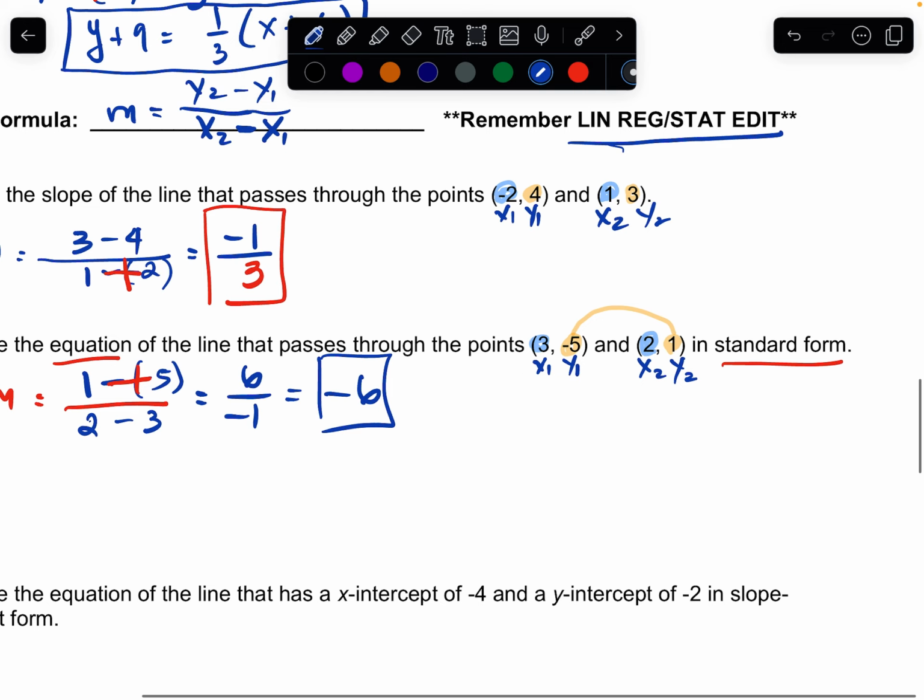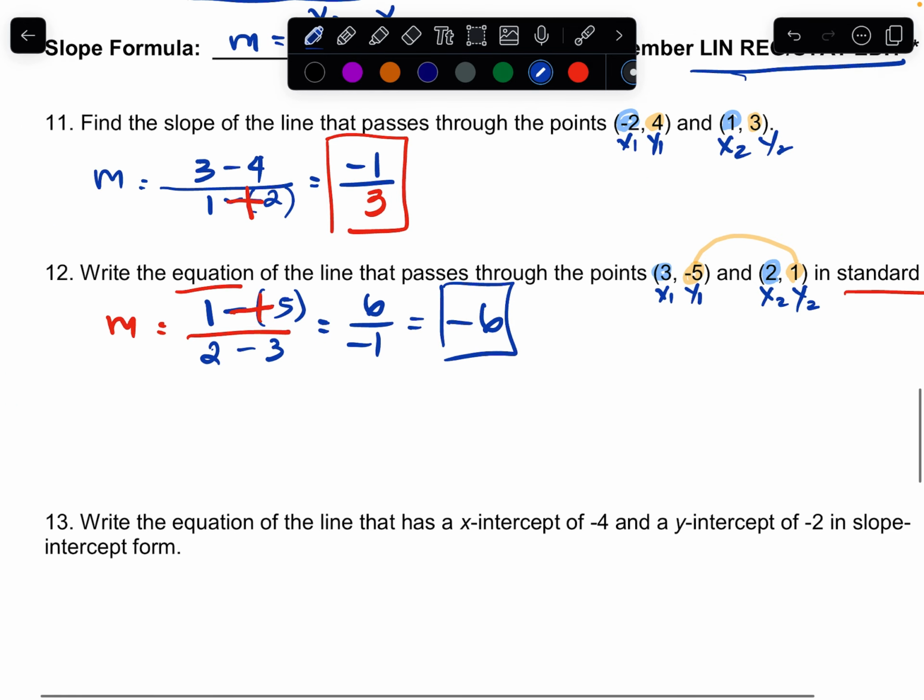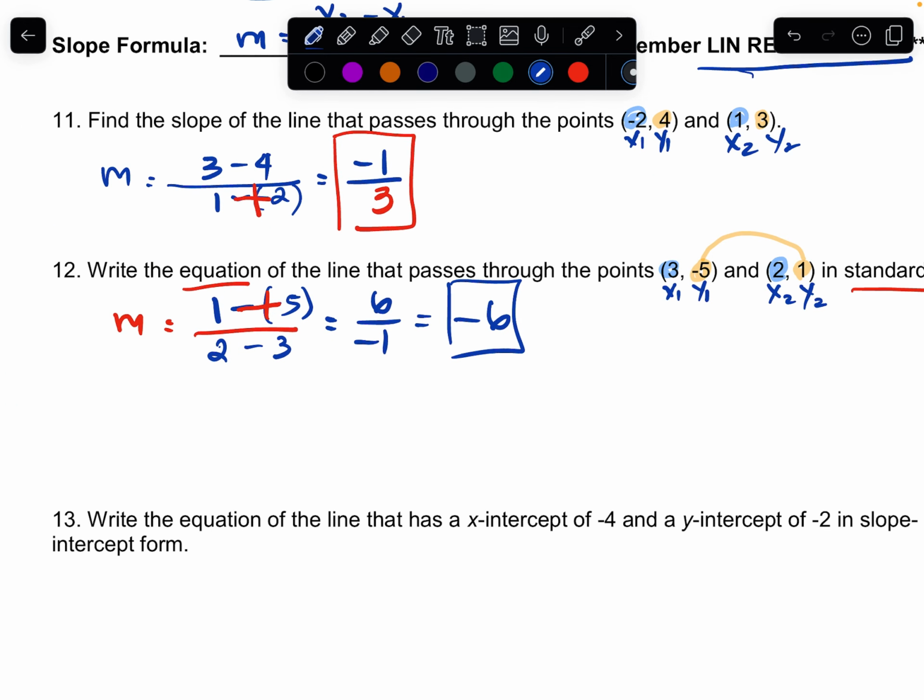This is our slope. But remember, we're looking for an equation in standard form. So we are going to use the point-slope form, which is y minus y1 equals m times (x minus x1). Now, what do we have? We have our slope right here.